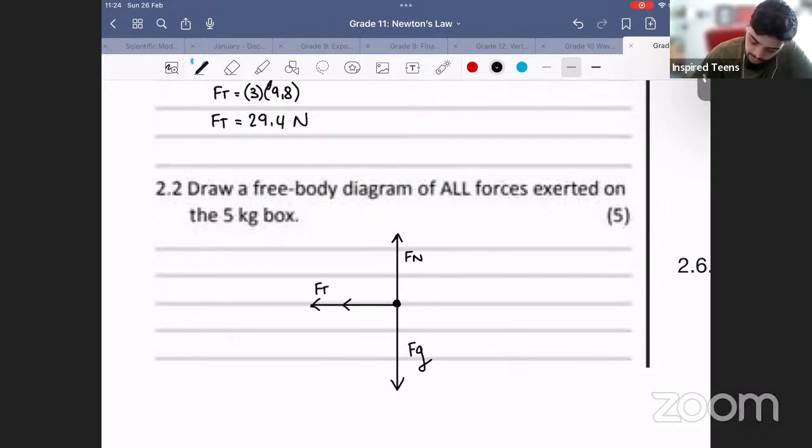We also have frictional force. Tension to the left, friction to the left. We have our diagonal applied force, F applied or F A even. Okay, does that make sense?